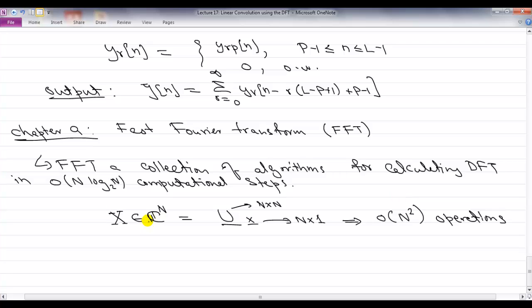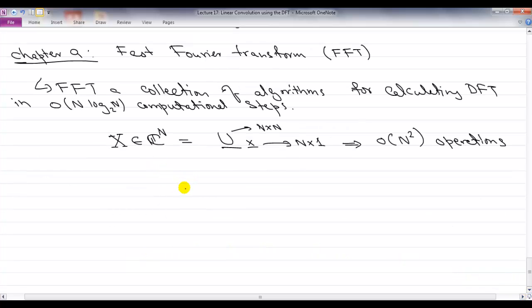So I'm not going to focus only on the DFT. You can compute that cost if you are given a matrix. So if you are given an n by n matrix, let's call the first row U11, U12 up to U1n, and similarly the last row Un1, Un2 up to Unn.